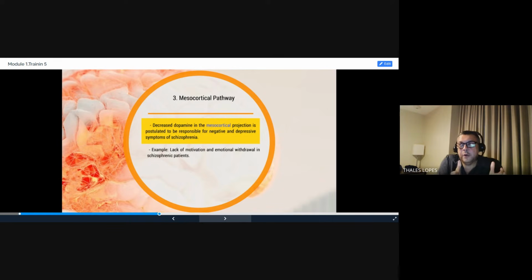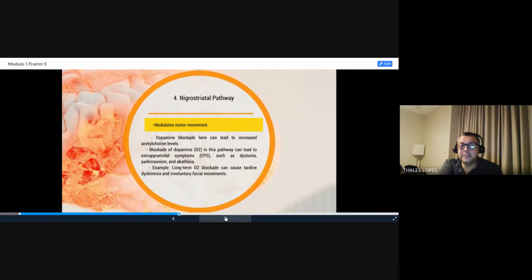The lack of motivation, the lack of association, the emotional withdrawal in patients with schizophrenia is postulated to be because in the mesocortical pathway there is less dopamine, therefore you get more depression-like symptoms.